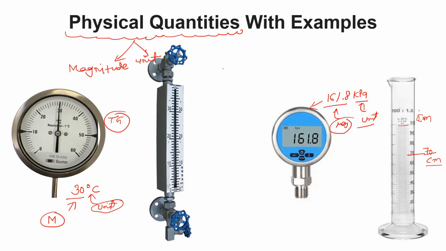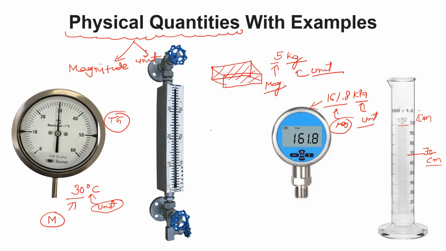Same, let's suppose you go to a market and take one bar of iron, and you weigh this bar in a weighing machine and find that its weight is 5 kg. So this 5 will be your magnitude and this kg will be the unit, right?